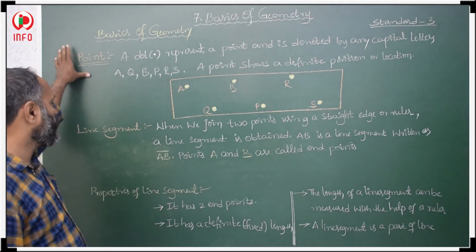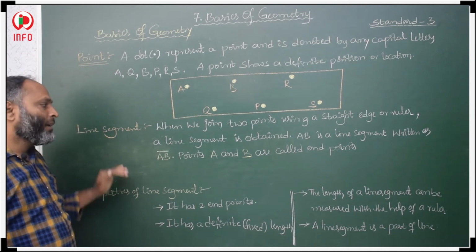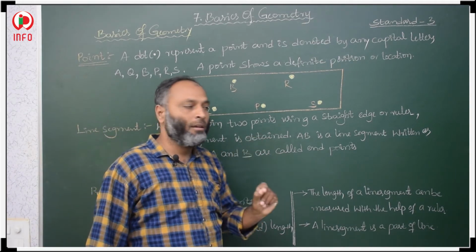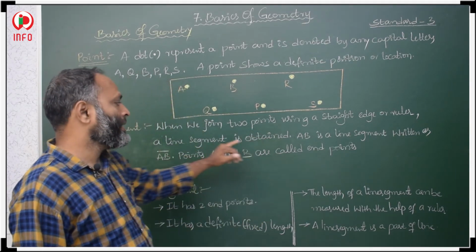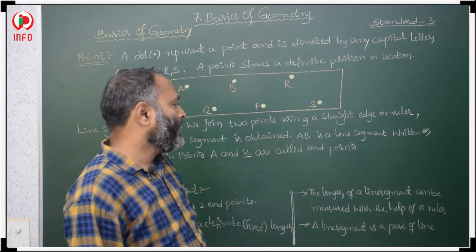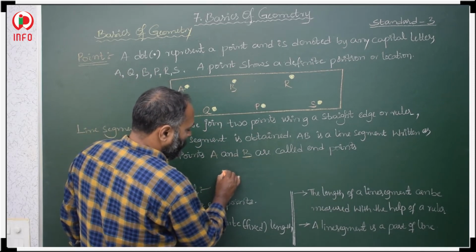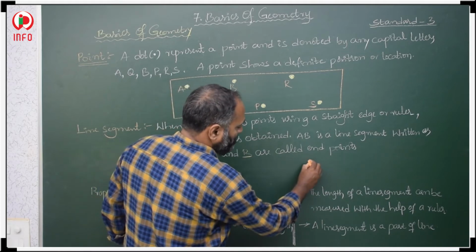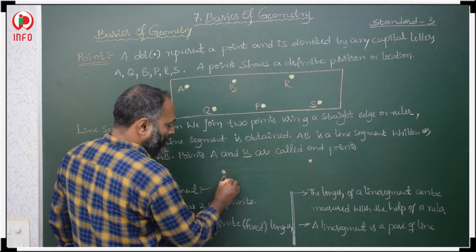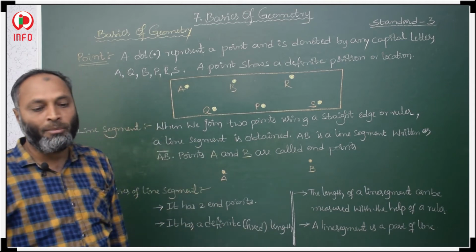The second definition, line segment. What is a line segment? See here. When we join two points using a straight edge or ruler, a line segment is obtained. So, here see two dots. Here one point is there, here another point is there. This is point A, this is point B, with capital letters.